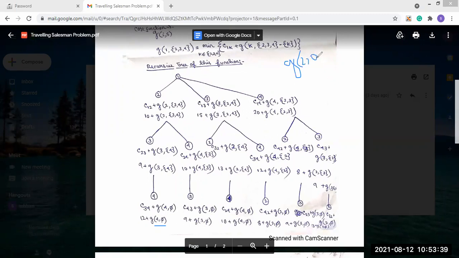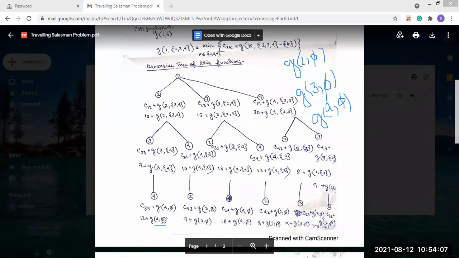We will write 1. Then we will write G 3 comma 5, and after that we will write G 4 comma 5. These are the values we should know, otherwise we do not get the result.